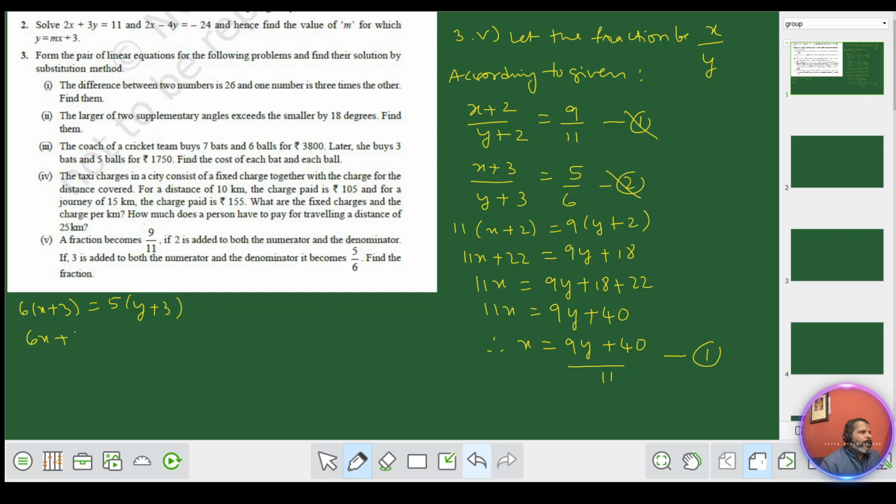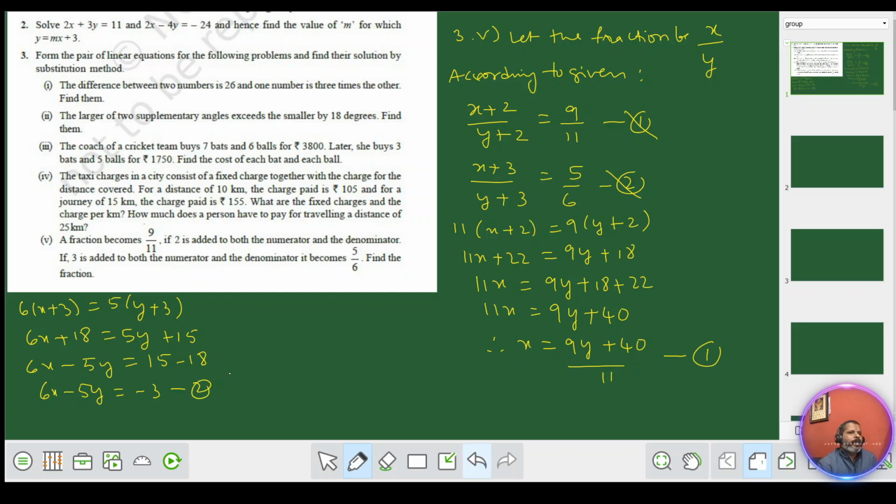That is 6x plus 18 equal to 5y plus 15. Then 6x minus 5y equal to 15 minus 18, right? I'm transposing 18 to right hand side, 5y to left hand side. Therefore, 6x minus 5y equal to minus 3.